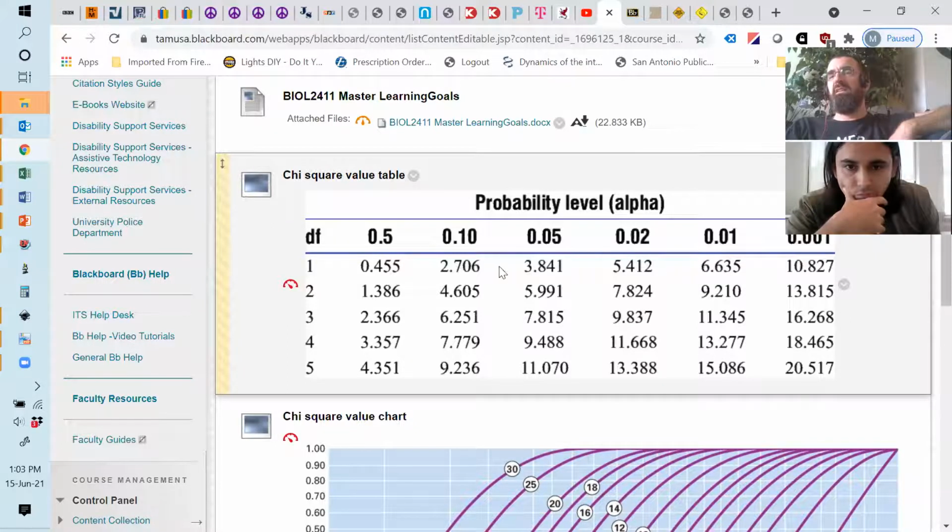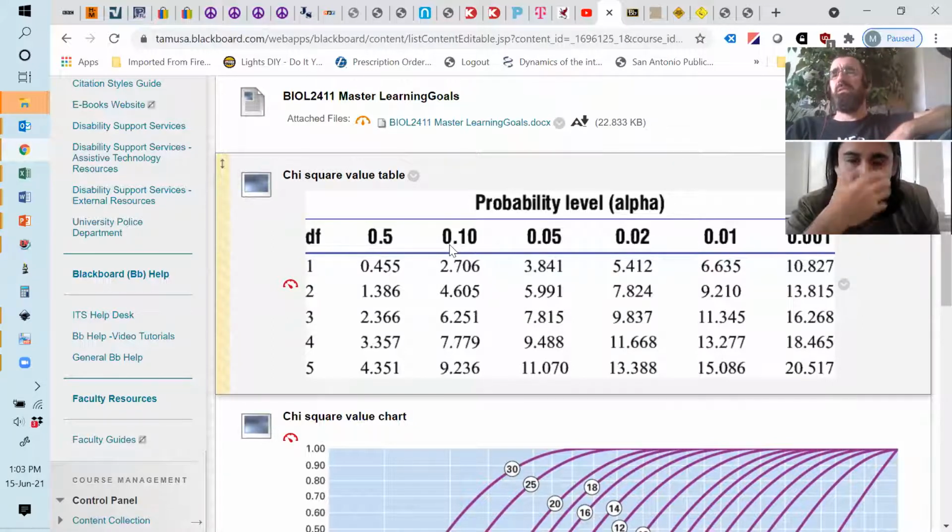So you look at that and it says, well, 3 is between a p-value of 0.1 and a p-value of 0.05. And so what that tells us is, even though it's a fairly large number, it's lower than the value for the p-value of 0.05. So the p-value is between these two numbers, so it's higher than 0.05.